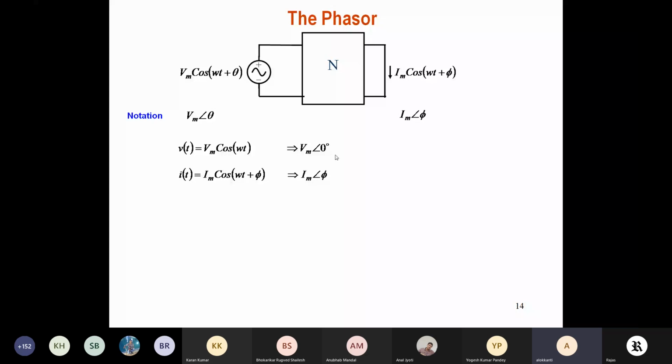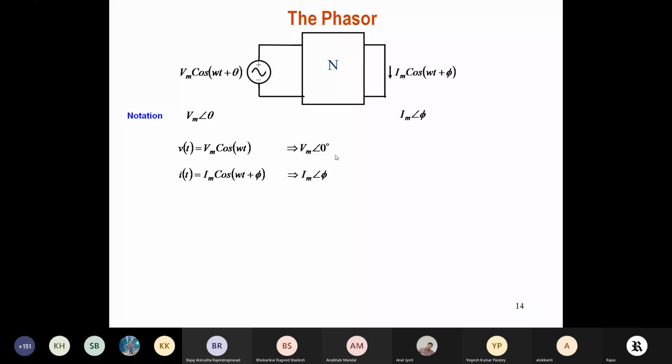If I write Vm angle 0, it means Vm cos omega t because the angle associated is 0. If the function is of sine, then we will convert it into cos, and then write it in this form. If you follow cos, you do cos consistently. If you follow sine, you follow sine consistently. Okay, sir.